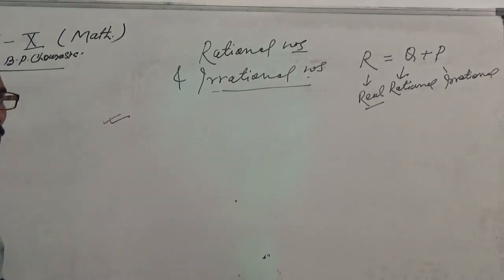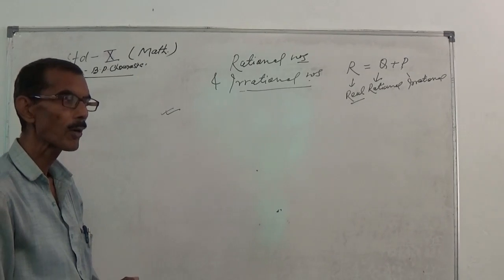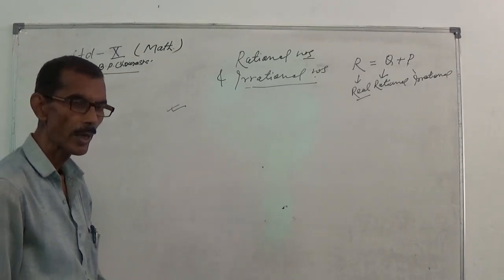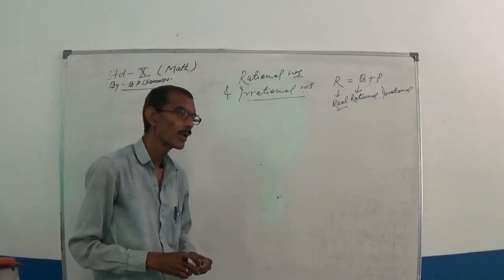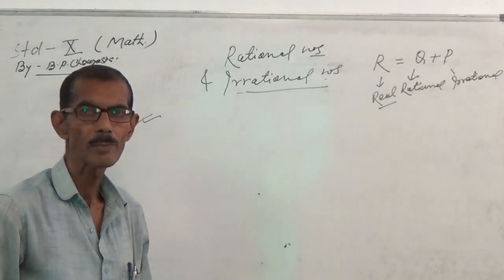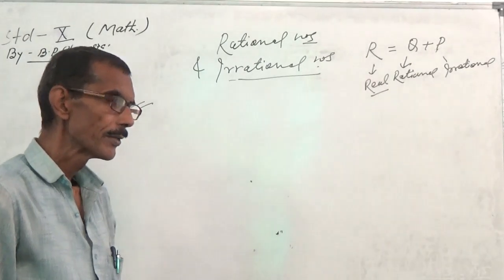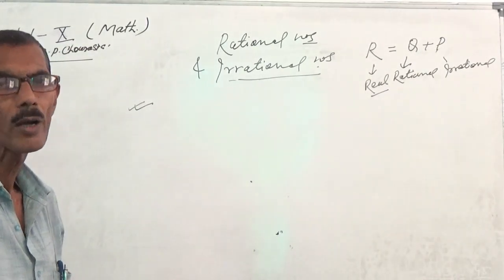Recall, a rational number is of the form p by q, and if you find its decimal value, you get a terminating or repeating decimal.